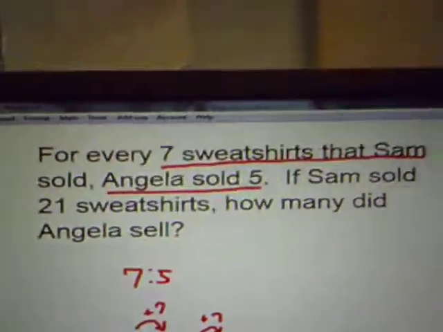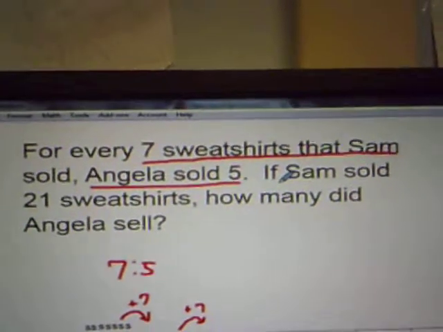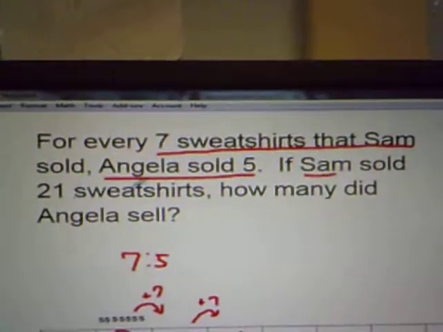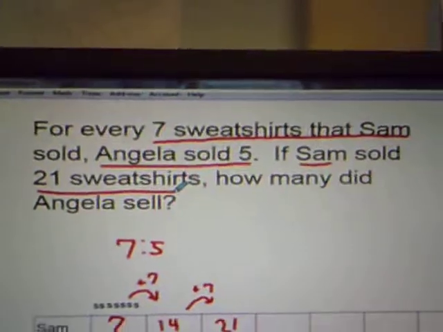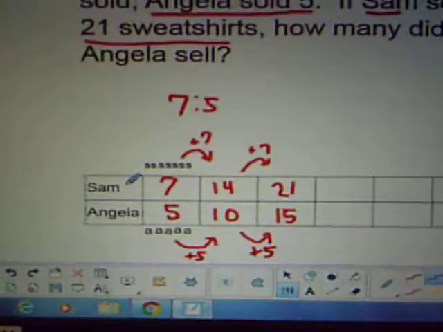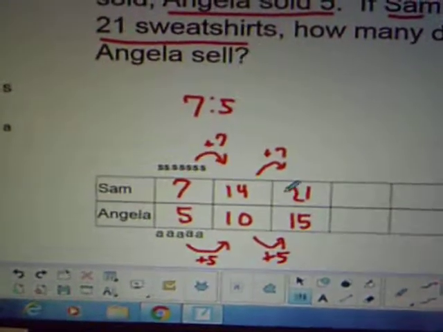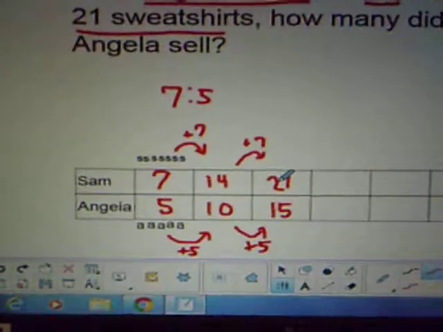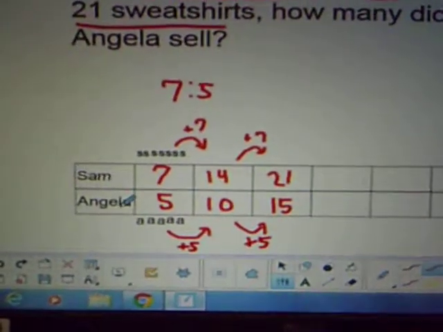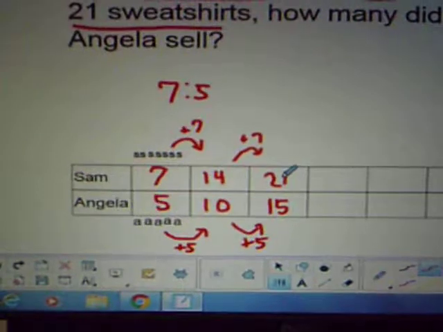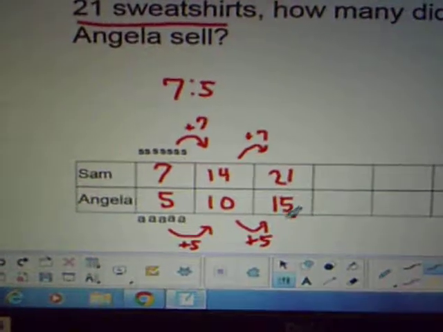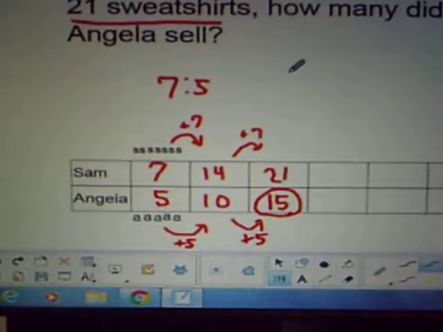And we can stop there because our question asks, if Sam sold 21, how many did Angela sell? Well, we just look in our ratio table. When Sam sold 21, how much did Angela sell? When Sam sold 21, Angela sold 15.